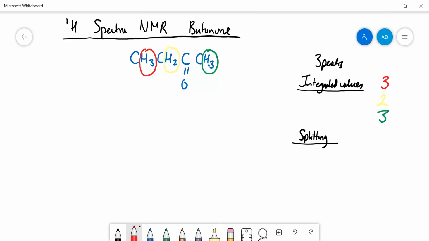So by the n+1 rule, the red ones are going to be split into 3, into a triplet. The yellow ones, if you look at them, there are 2 carbons next door. This one hasn't got any hydrogens on it at all, but this one has got 3. So that's going to be split into 3 + 1, a quartet.